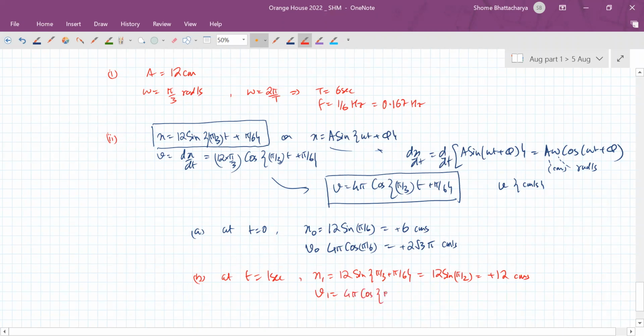So that will be 0. Which makes sense, because when the particle is at the extreme position, its velocity is always 0 in an SHM. So this type of question is basically called kinematics of SHM, that is the equations of motion of SHM.